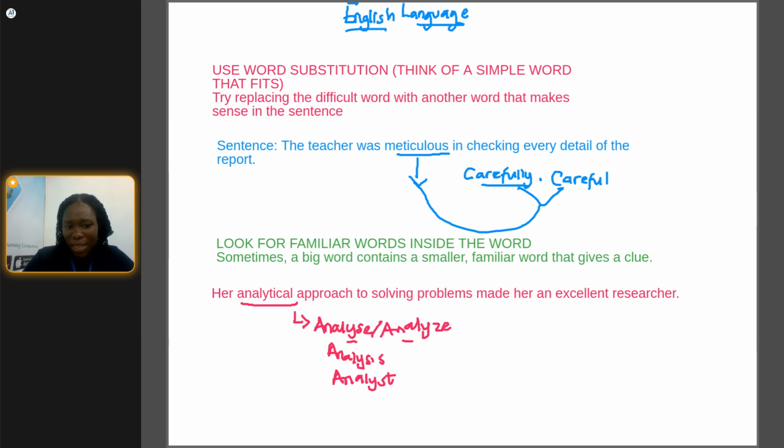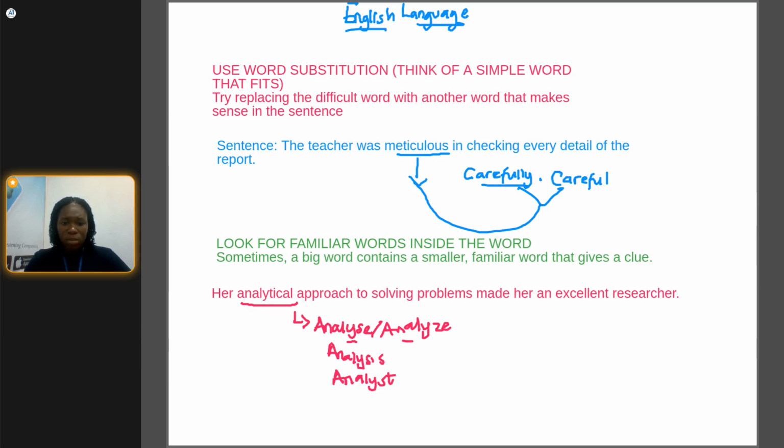So you look at context again, where it says our analytical approach to solving problems made her an excellent researcher. All right, so if to analyze means to examine in detail so that you can have an understanding of something, then our analytical approach could mean something related to it. Then you can now come up with your meaning for analytical.